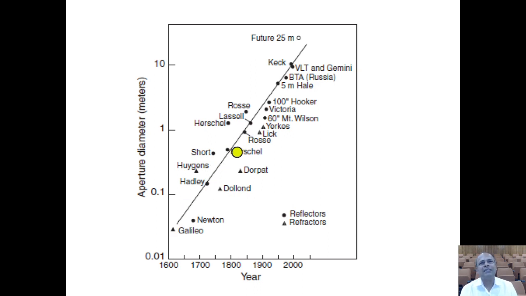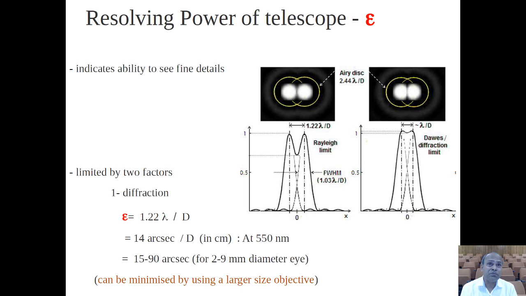This is the Herschel 48-inch telescope, which came in 1800 AD. Finally, this is the Keck telescope, a 10-meter aperture telescope, which came very recently. Now we are planning a 30-meter optical telescope by 2030. We kept on working on the aperture of optical telescopes, and this is a very important parameter.